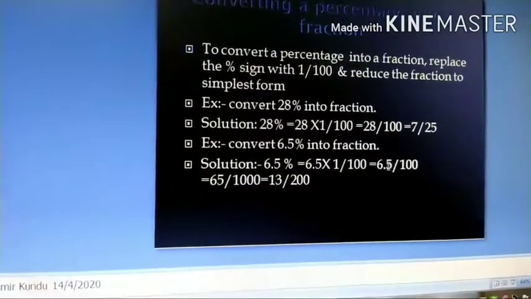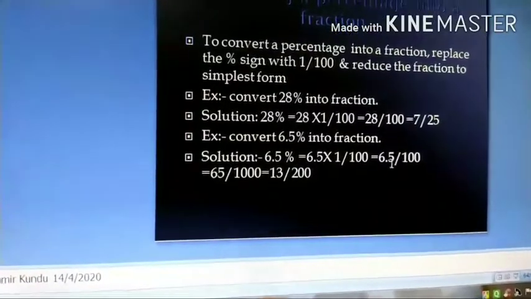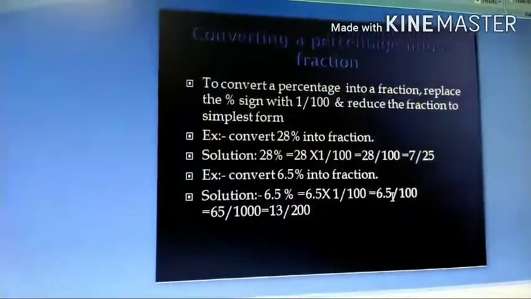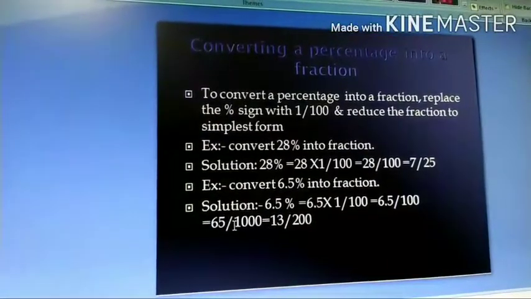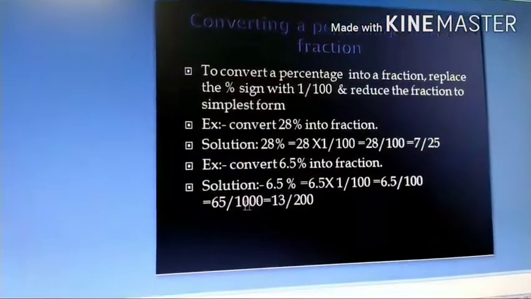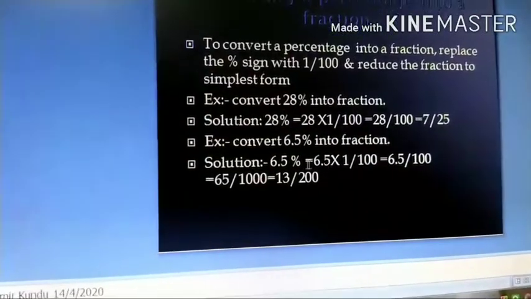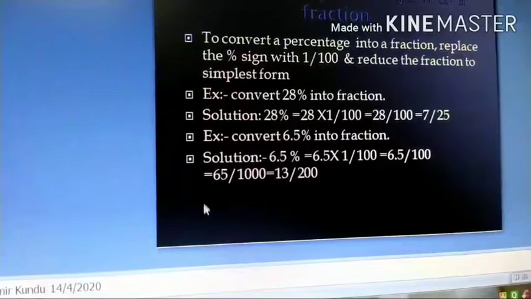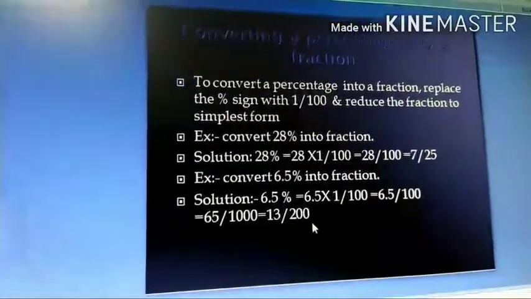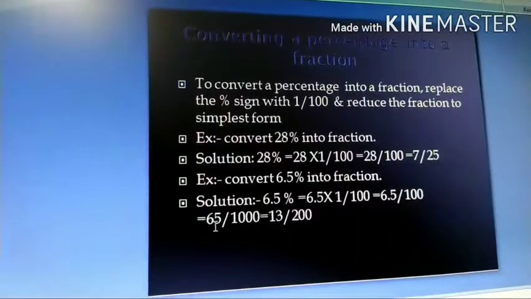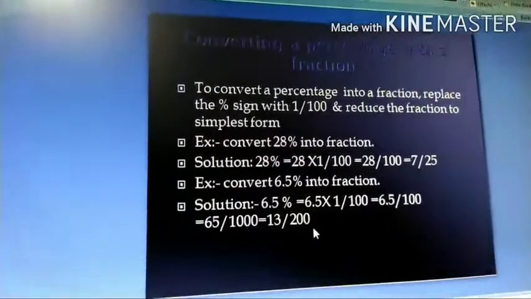Now, to omit this point, we have to multiply by 10. So, we can write 65 by 100 into 10, that is 1000. For simplification, 5 13s are 65 and 5 200s are 1000. So, 65 by 1000 can be written as 13 by 200.